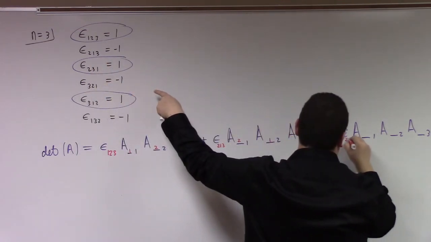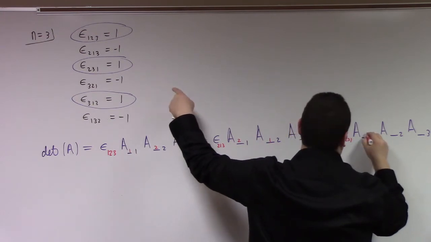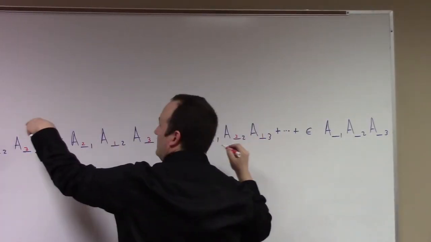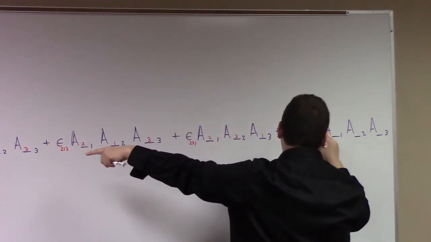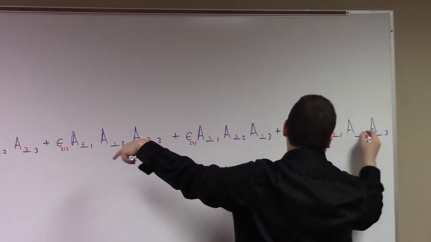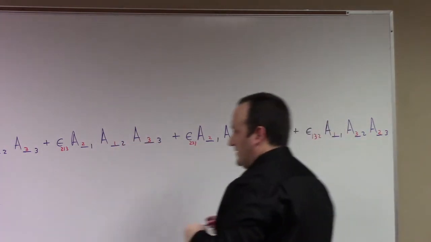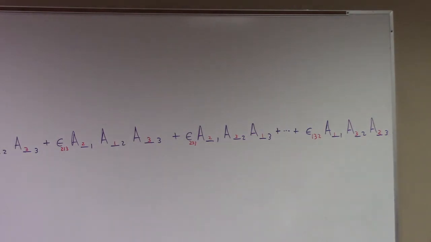Epsilon 2, 3, 1, 2, 3, 1, and so forth. Tell you what, I'll end with the last one, 1, 3, 2, and 1, 3, 2. So anyway, there's 6 terms here, right? 3 pluses, 3 minuses. Kind of a drag, right? A little bit.